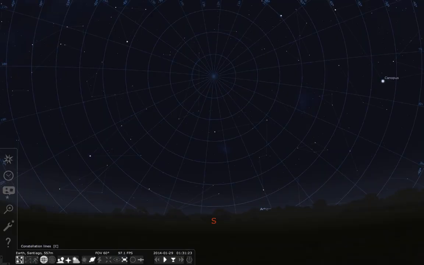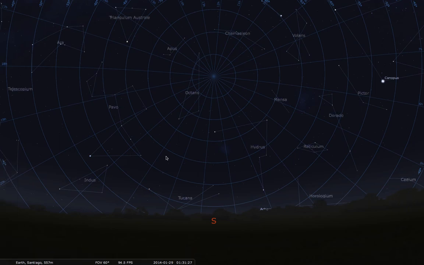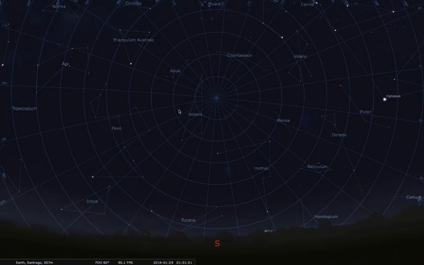If I turn on the constellations and their labels, you can actually see that in the southern hemisphere, what they tend to use to find the South Celestial Pole is this constellation called Crux, the Southern Cross. And why don't I see it?